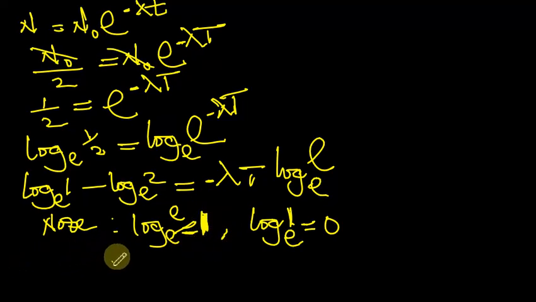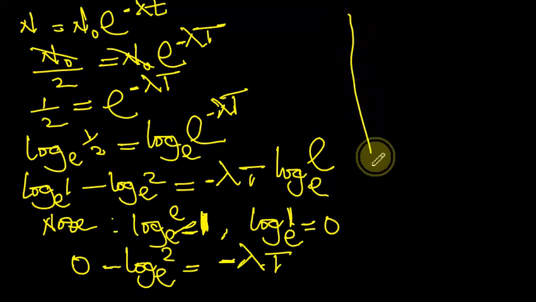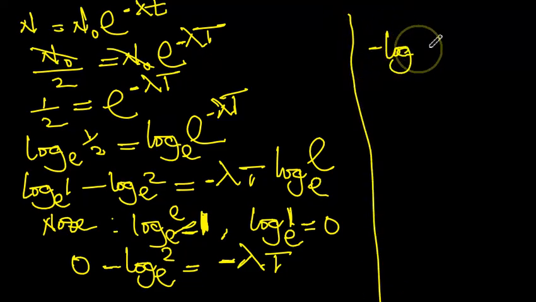So if we fix that back into this above, log 1 to base e here becomes 0, so you have 0 minus log 2 to base e, then equals to what? Minus λ with T. So you'll be left with minus log 2 to base e equals minus λ with T. Negative sign cancels negative sign.